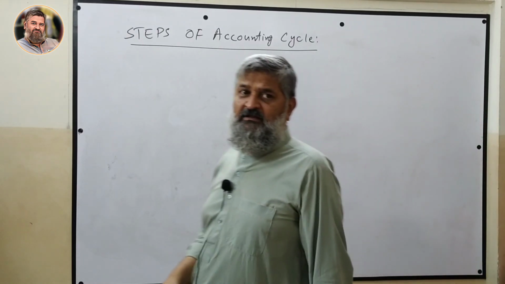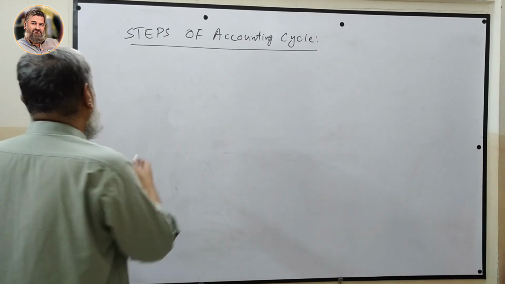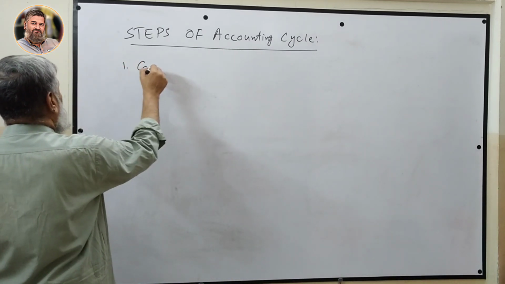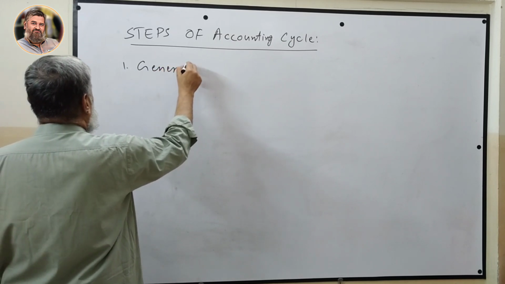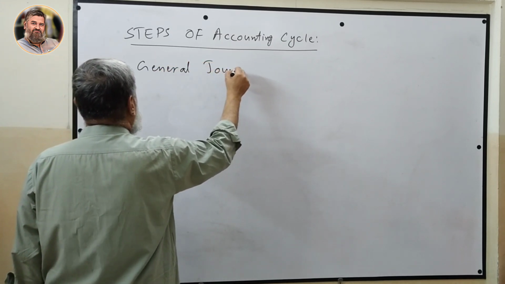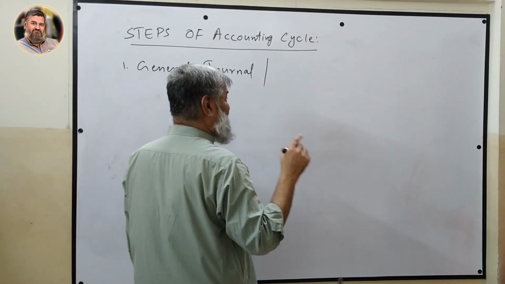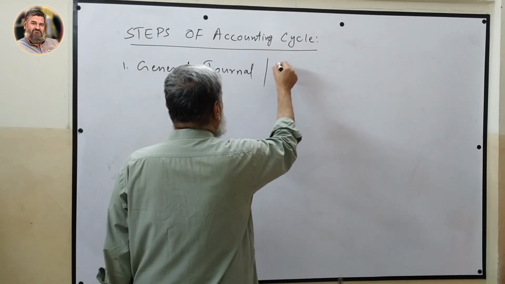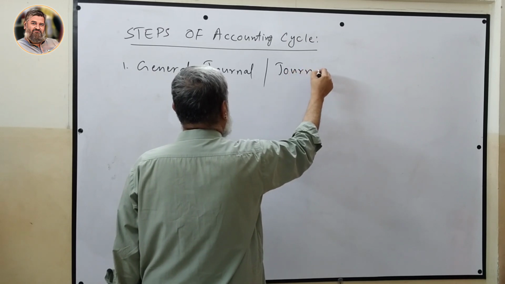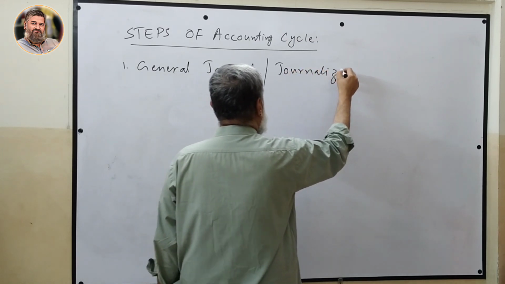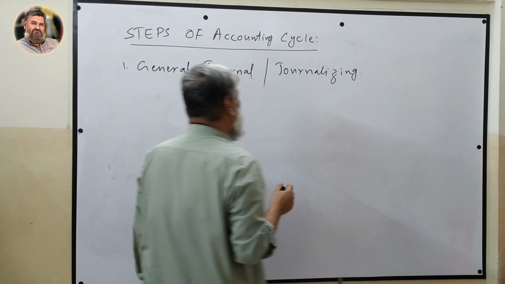In the accounting cycle, first of all, we have the journal, and the process of journal is called journalizing.